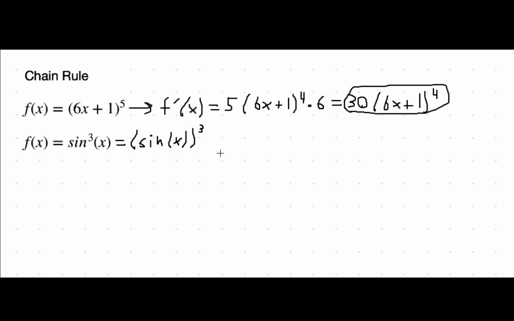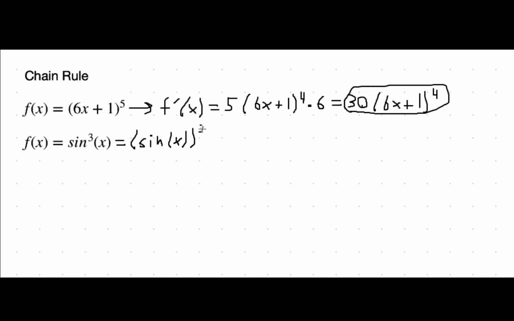So now we can do the same method we did for the first problem. We'll take the derivative of the outer part, which is the power 3, and then multiply by the derivative of the inner part, which is sine of x. So first, let's take the derivative of the outer part.